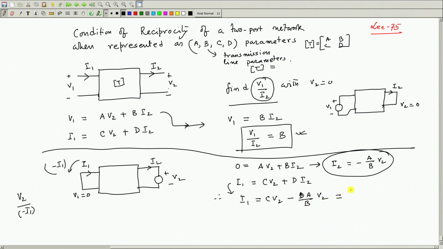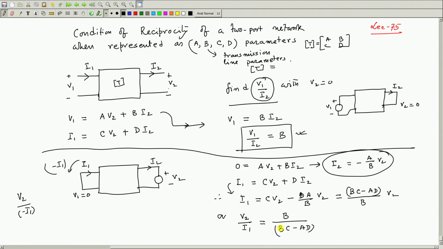This will be equal to BC minus AD divided by B into V2, or I will say V2 by I1 is equal to B by BC minus AD. That is what I will get.